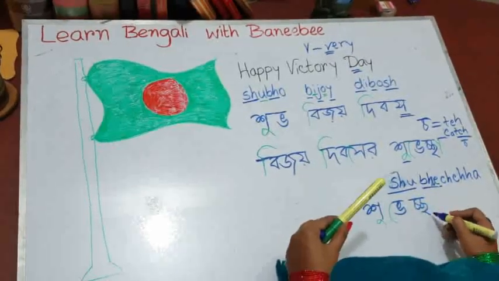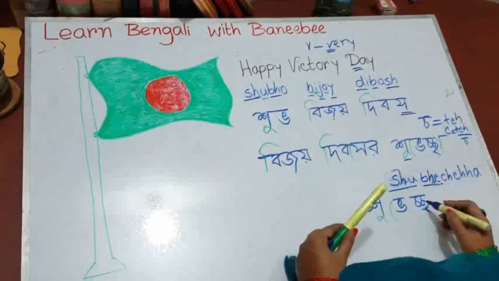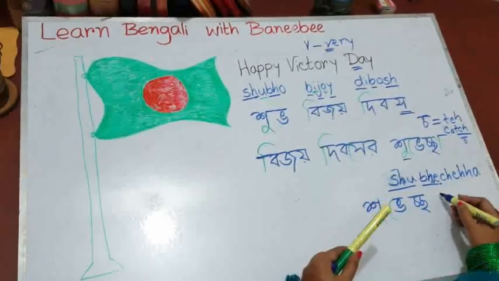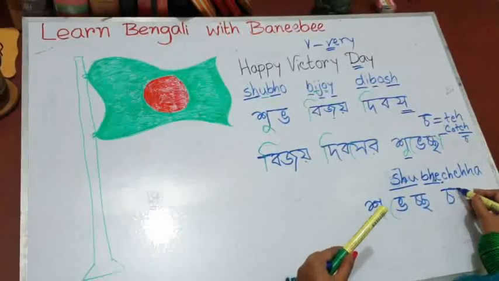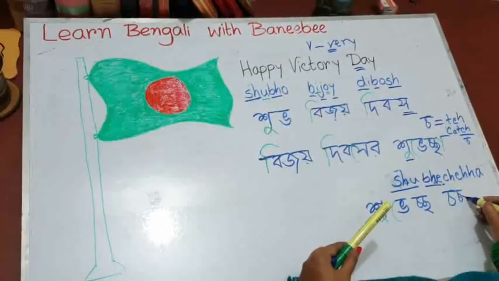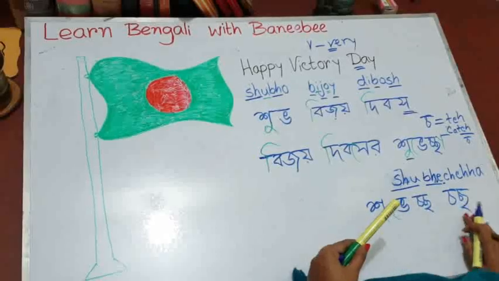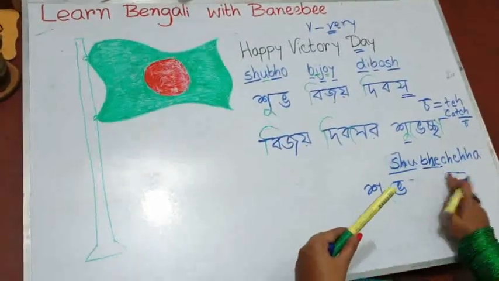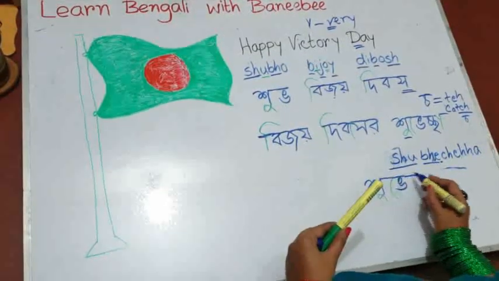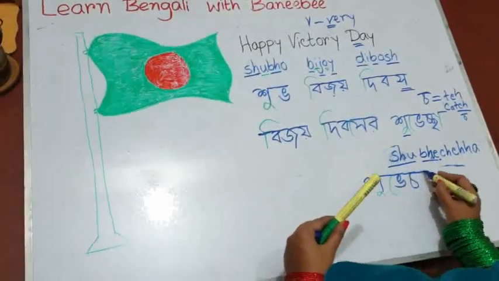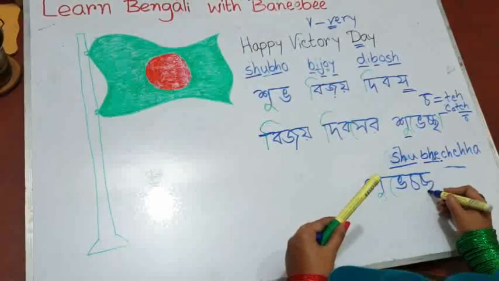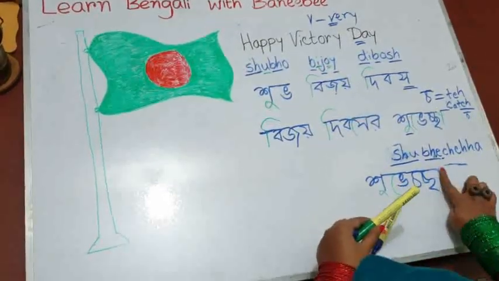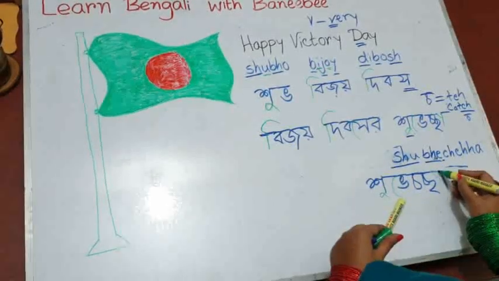Now there is the cha. So why are they so closed and why is this one letter so small? These are actually side by side, so I could just write this in this way. This is the A sound.